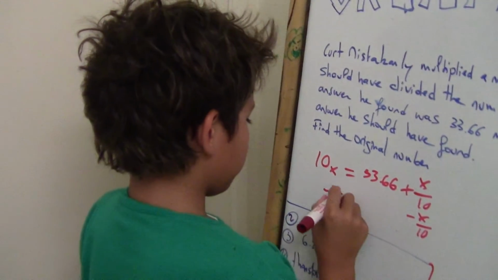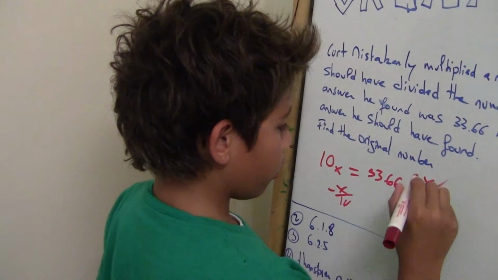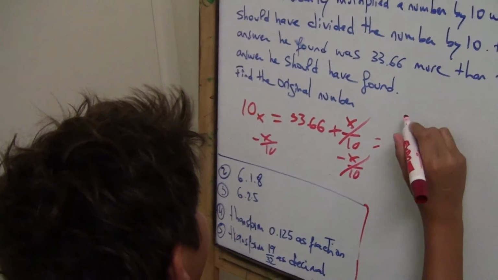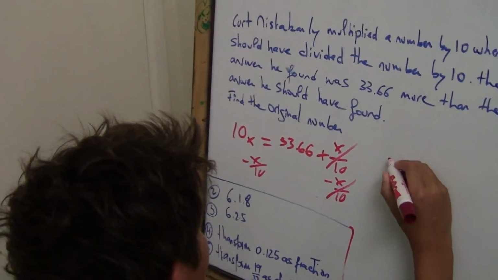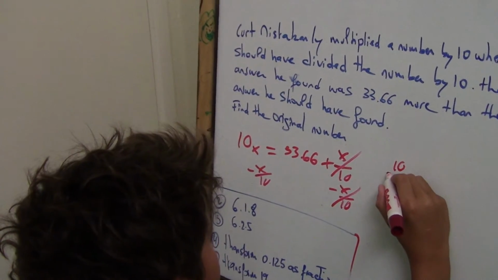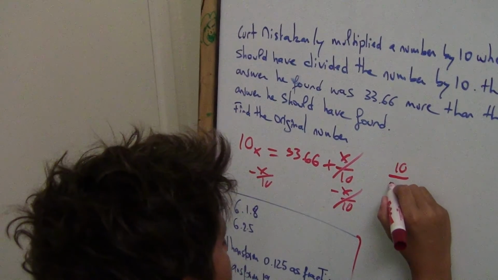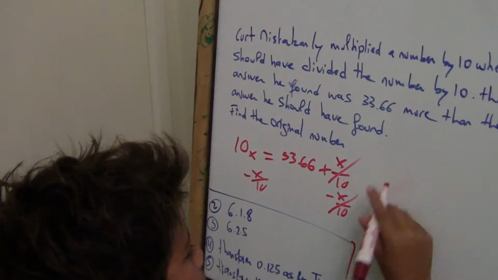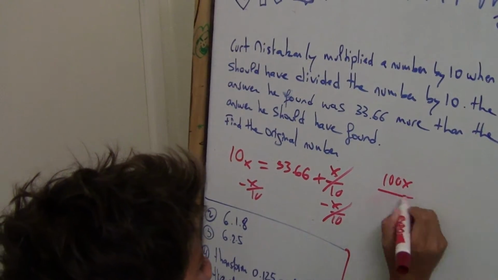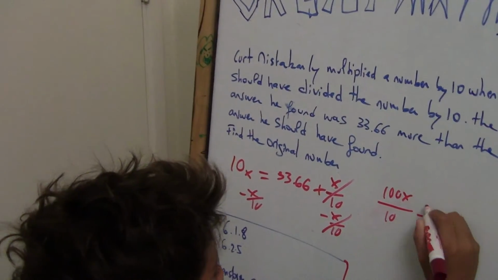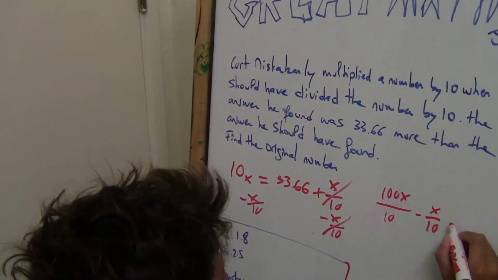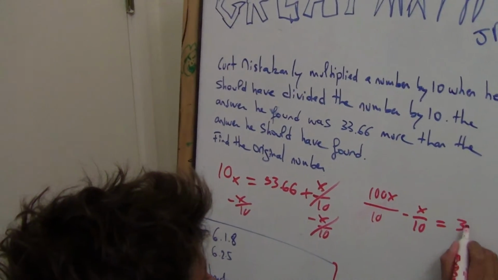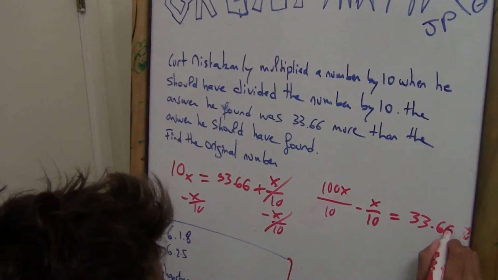So minus x on both sides, because remember we want all the x's to be together. Actually, we would have to do 100x, because you're multiplying 10 by x, minus x over 10, which is equal to 33.66.